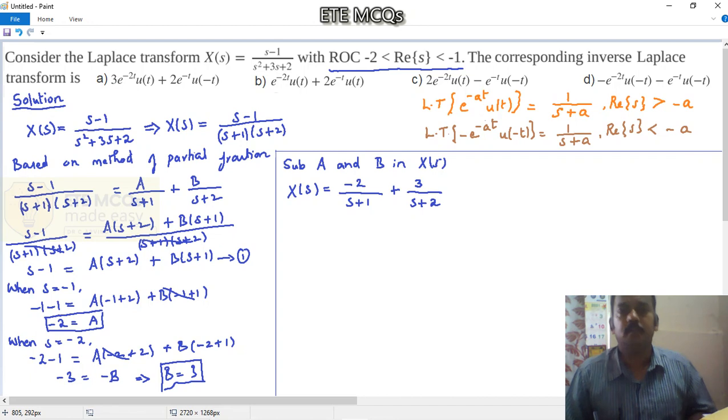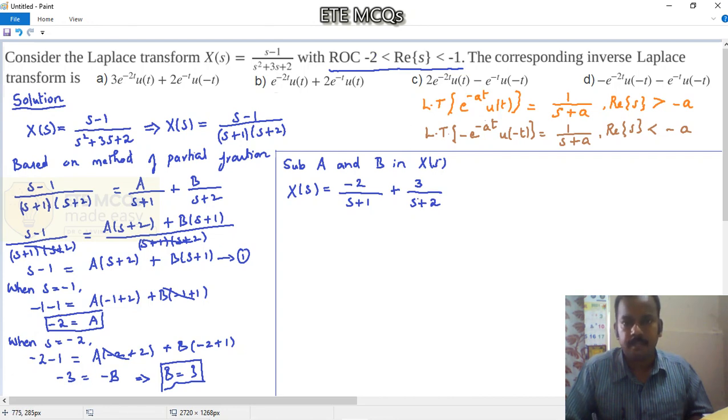Now what you can notice is, based on the region of convergence, the single pole function that corresponds to pole minus 2 should be a right-sided sequence.